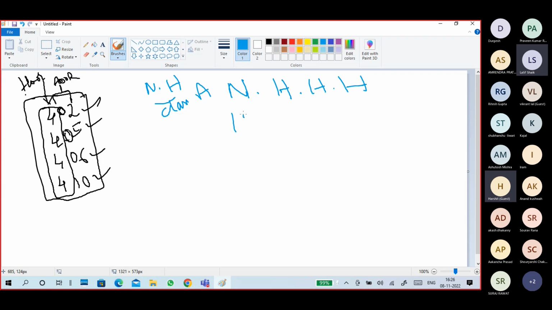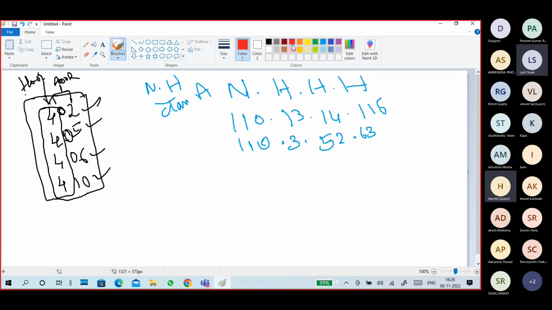For example, I have 110.13.14.115, just for example, and 110.52.63, whatever it is, there's no difference.